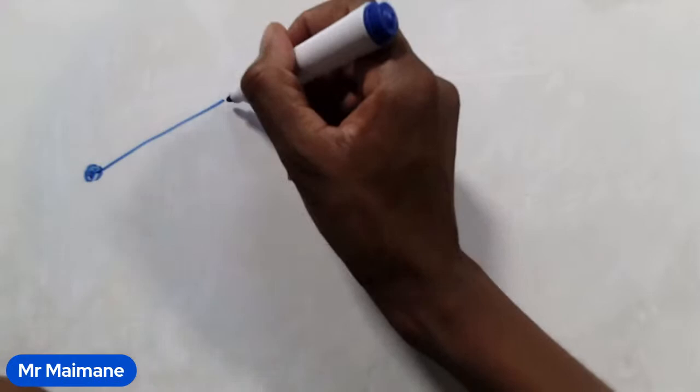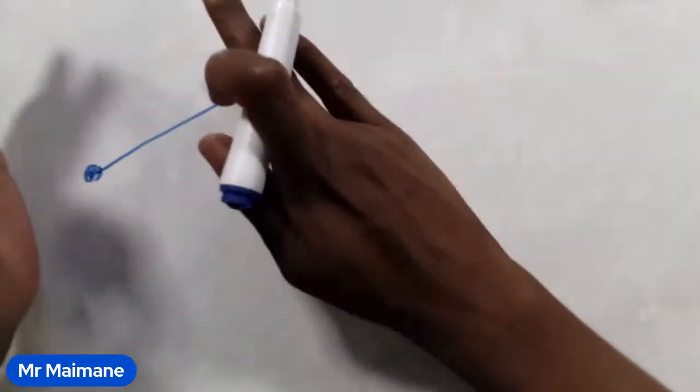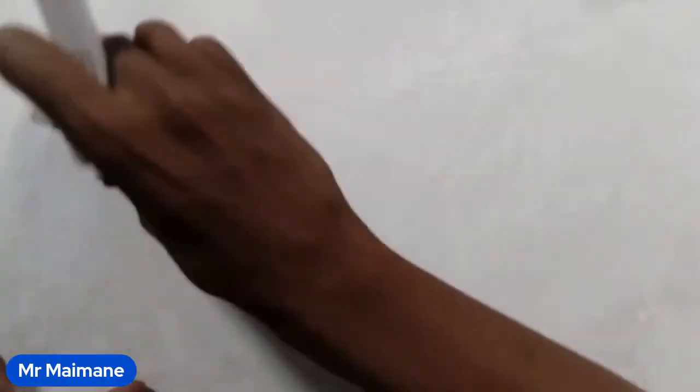It's either from the head. Okay, so it's a tree. It's a tree diagram. I don't have to complicate the whole thing. So there are two pills given.